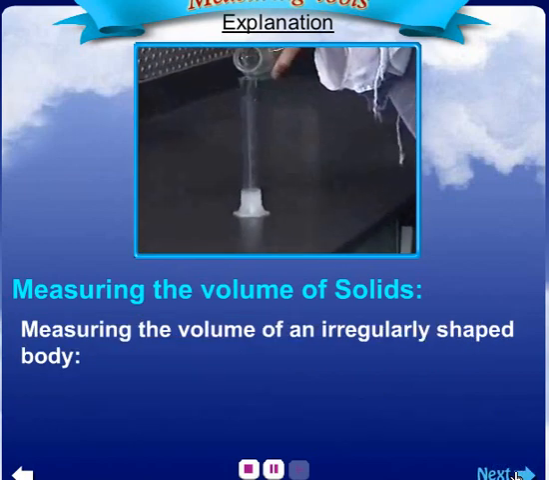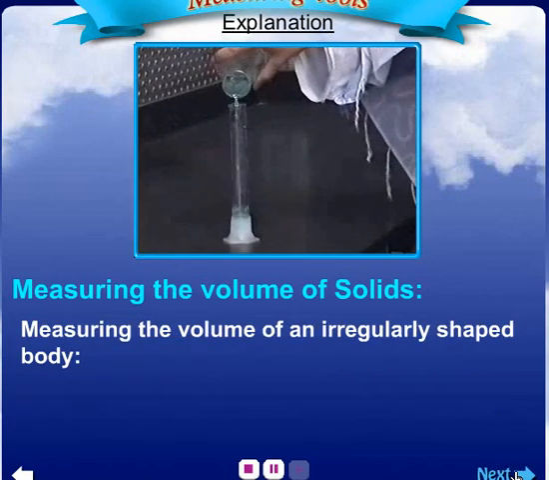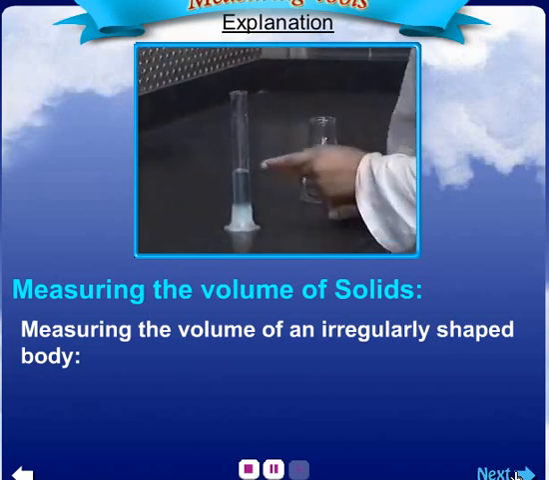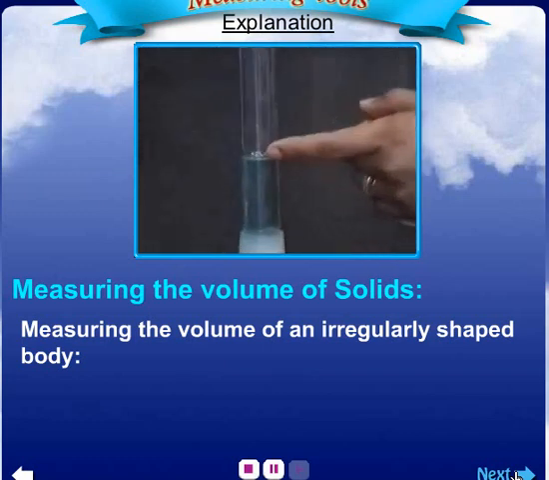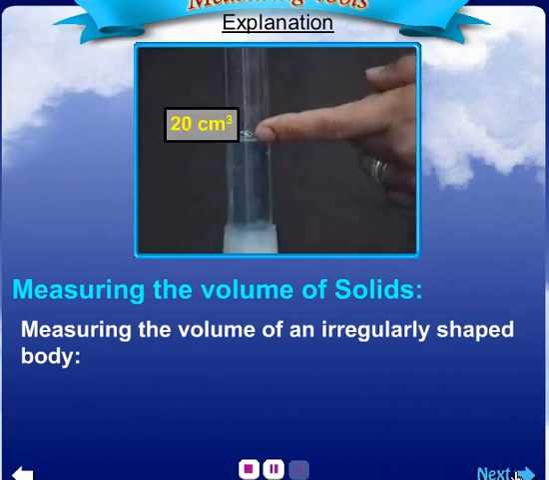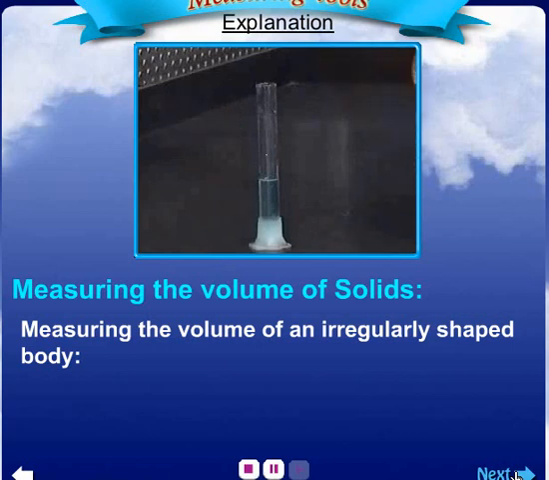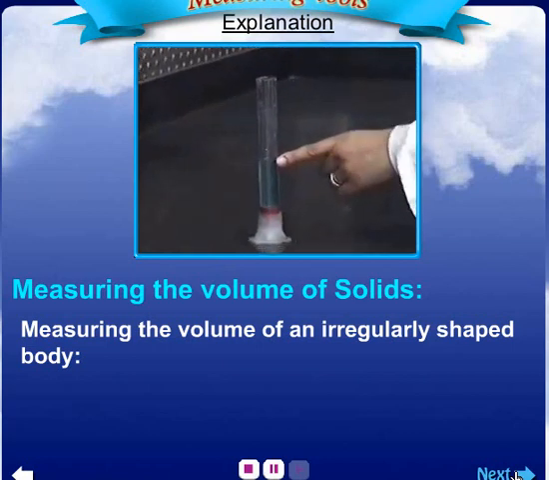Measuring the volume of an irregularly shaped body. We use a graduated cylinder containing a known volume of water or any other liquid in which the body can't dissolve. Then we put the body in the cylinder so the surface of the water rises and we measure the new volume.